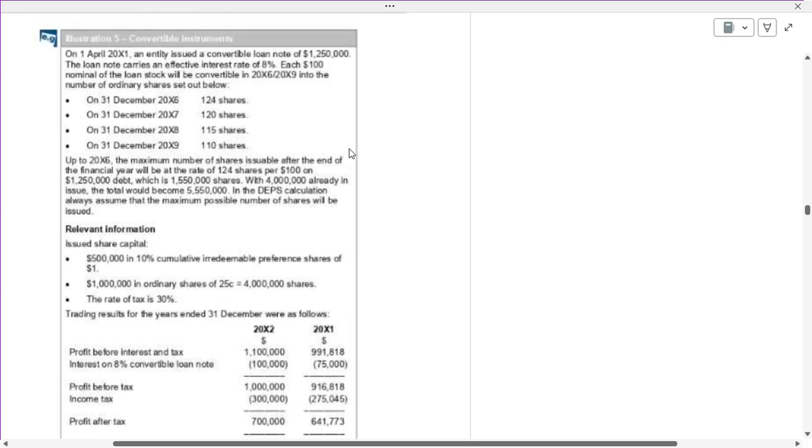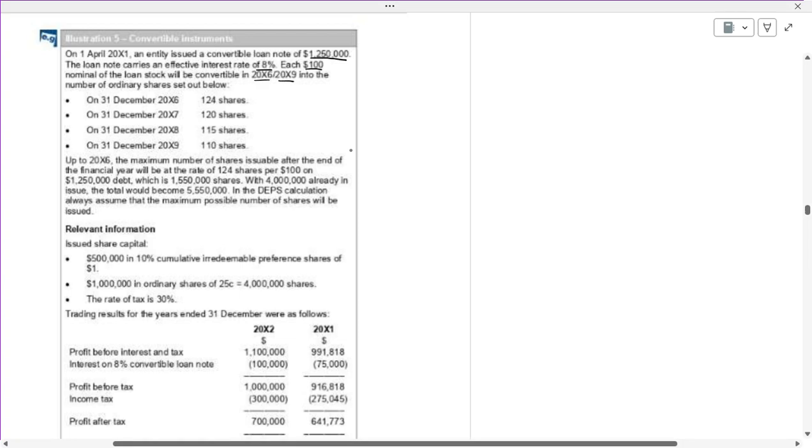See the thing. What happens? I'm telling you. They have issued a convertible loan of 1250. The loan carries interest of 8%. What is the value of the bond? Stock is 100. They can convert in 2006, 2009, any time.